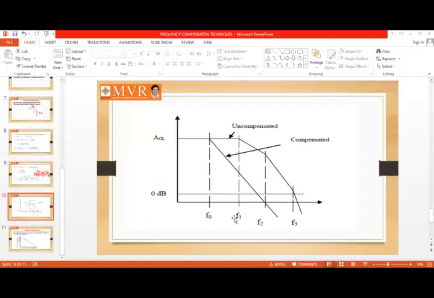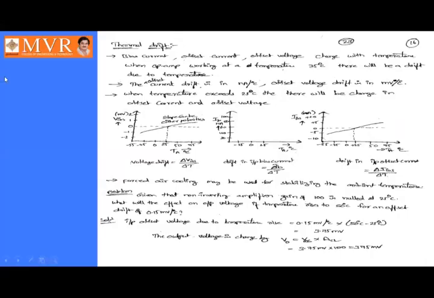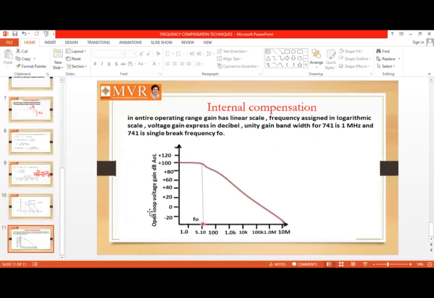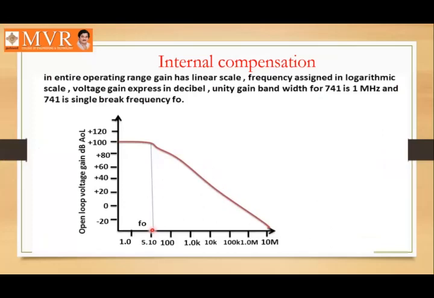So this is about the internal compensating technique for an operational amplifier. By introducing the internal capacitor, the frequency response curve will be like this.